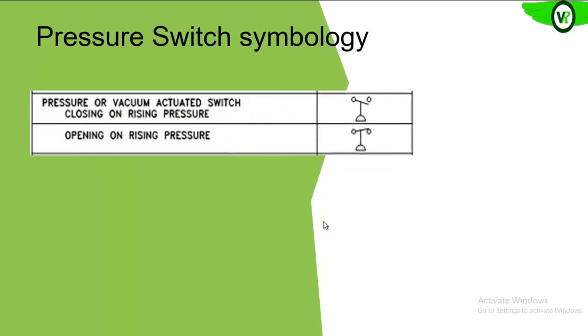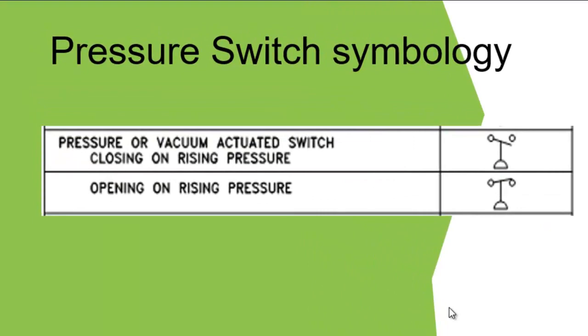If you look at what you have on your diagram now, you see how pressure switches are represented. We have the normally open contact, the one up, and then we have the normally closed. The normally open is activated to close, while the normally closed is activated to open.